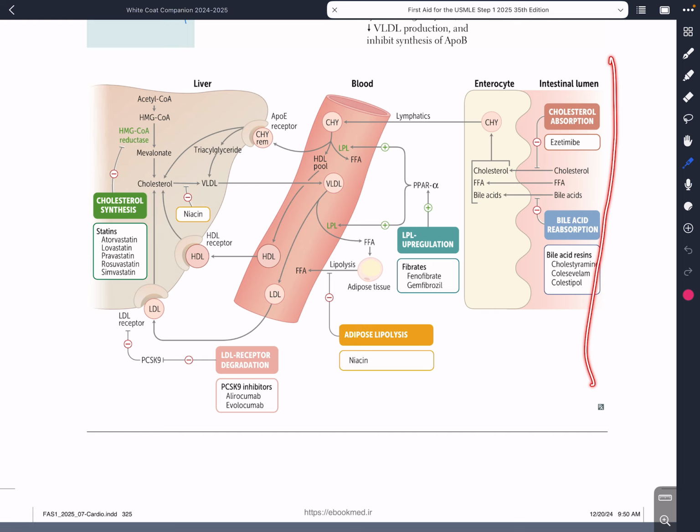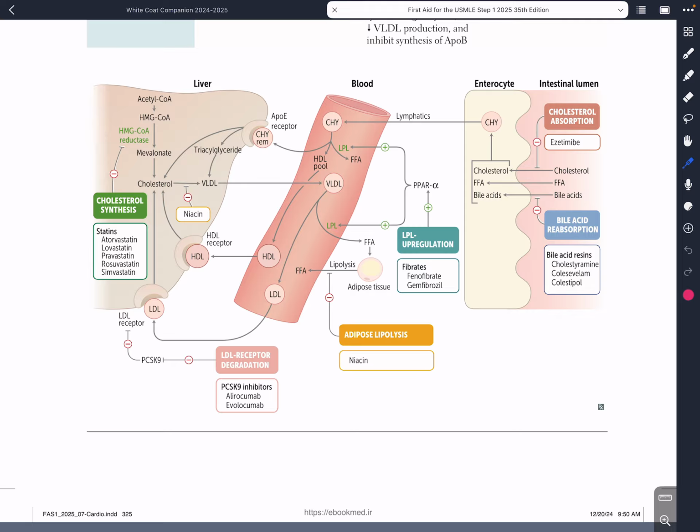We already discussed this. Cholesterol synthesis inhibitors inhibit HMG-CoA reductase, which doesn't allow HMG-CoA to convert to mevalonate, and mevalonate is the product that finally converts to cholesterol. We do not want cholesterol, so we inhibit formation of mevalonate by inhibiting HMG-CoA reductase.